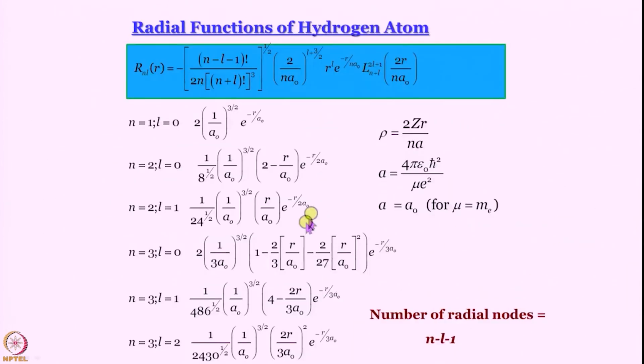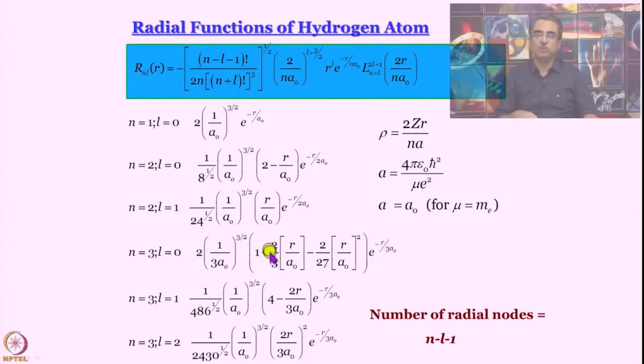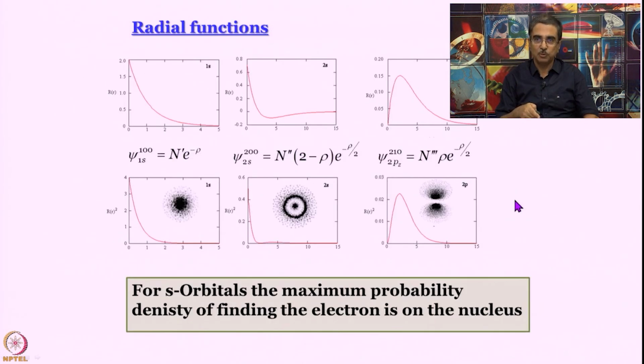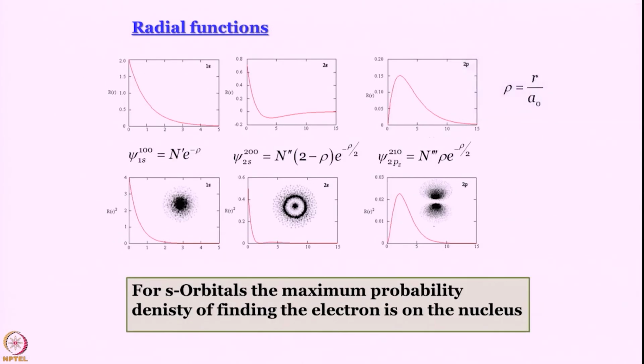Where is 2p? n equal to 2, L equal to 0 is 2s, n equal to 2, L equal to 1, this is your 2p. What do I have in 2p? I have r by a0 multiplied by e to the power minus r by 2a0. So, r by a0 increases with r naturally, e to the power minus r by 2a0 decreases with r. Take a product, you are going to get a function that goes through a maximum, and we will have more to talk about that.